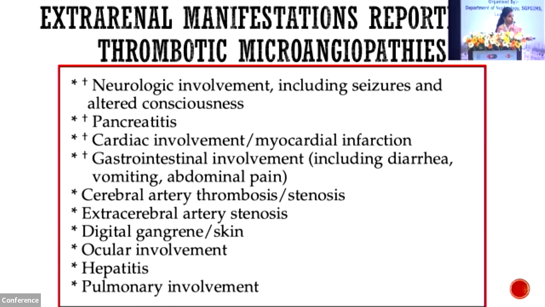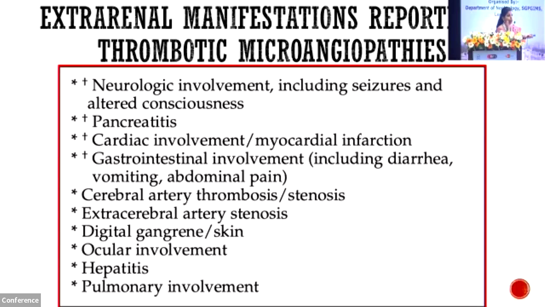We also need to understand that just because you are saying it is atypical HUS, the manifestations are not limited to the kidney. Okay, people can have manifestations in neurological involvement, they can have cardiac, gastrointestinal, they can have digital gangrenes, they can have hepatitis.